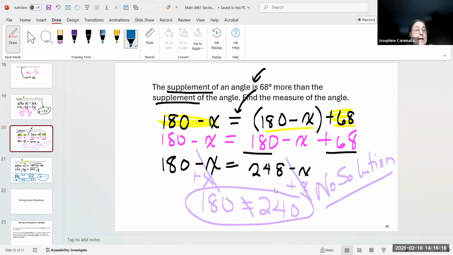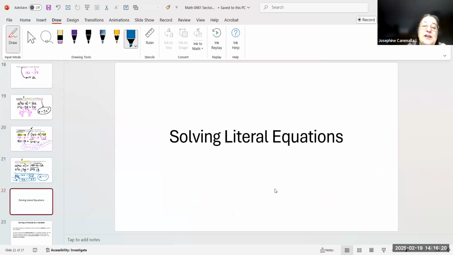Okay. Now, the last part is the literal. Sometimes we use a formula and you have to find a certain letter. Sometimes we're going to be given an equation and we're going to be solving for a letter. You're still going to be following the order of operations to solve any equation.